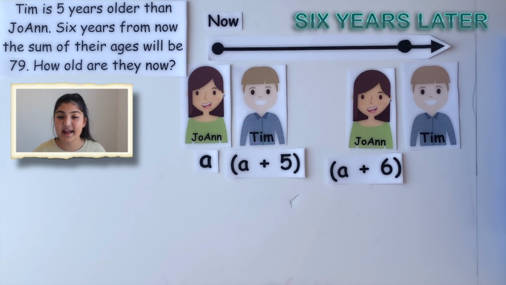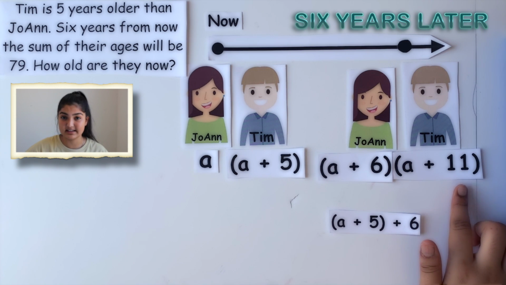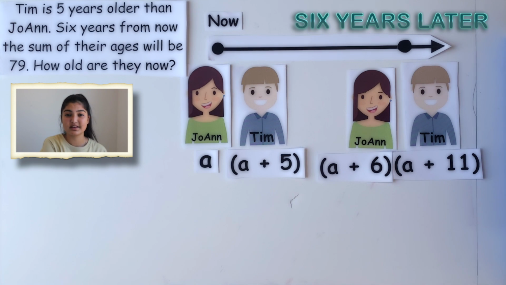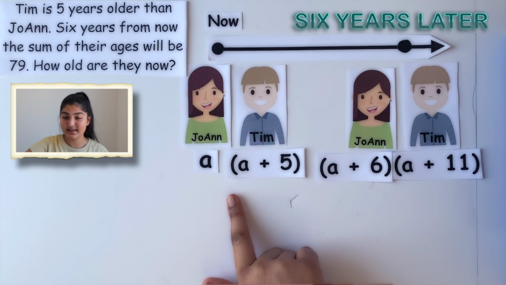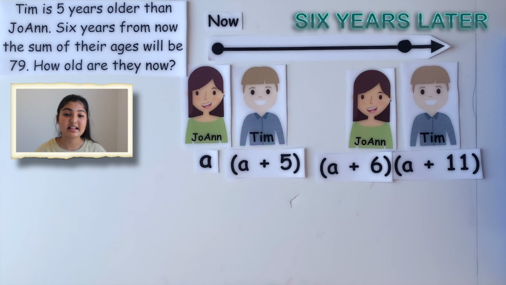A plus 5 plus 6, which can be simplified to A plus 11 years old. Great! So now we know how old JoAnn and Tim are now and how old they will be 6 years from now.